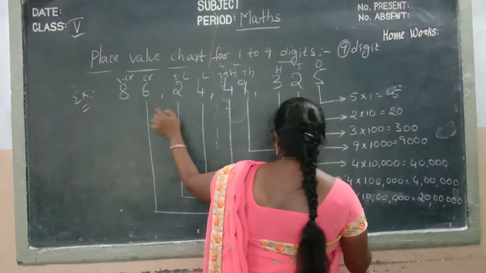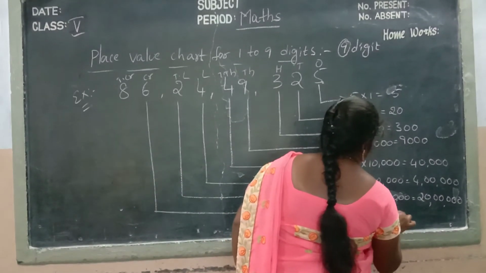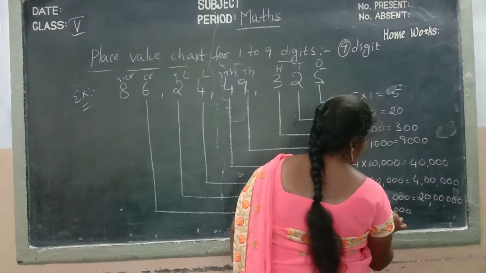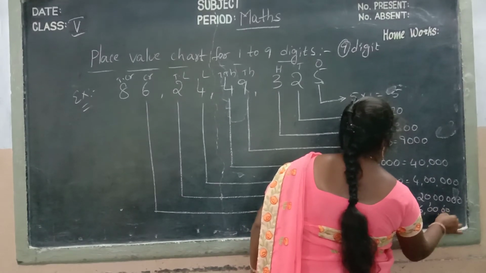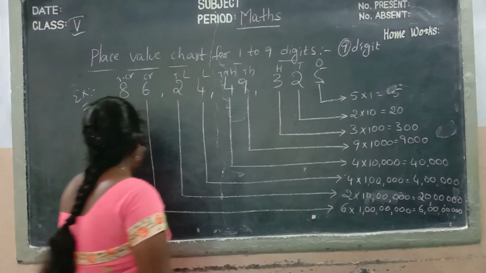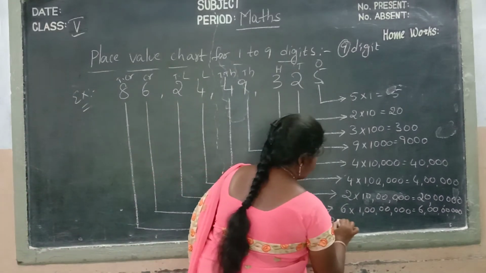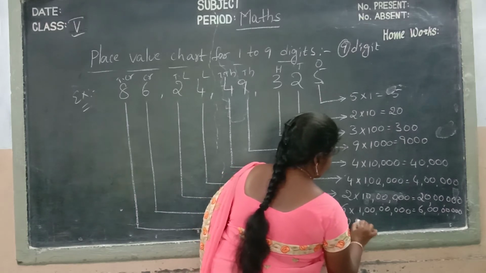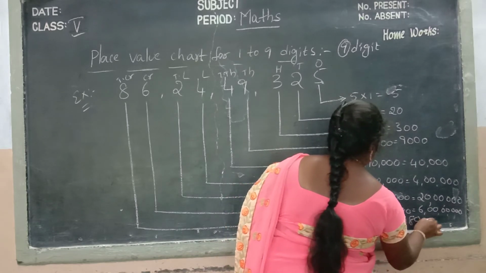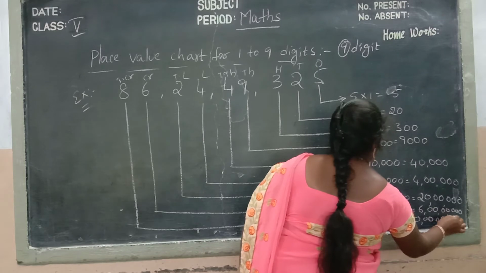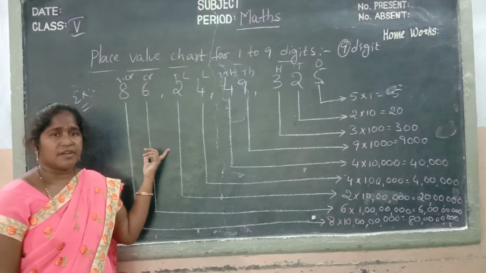What is the number here, children? 6 into crores means 6 crores. And next number, children, what is in the 10 crores? 8 into 10 crores, that is 80 crores. Okay children, this is the example sum, children practice like this.